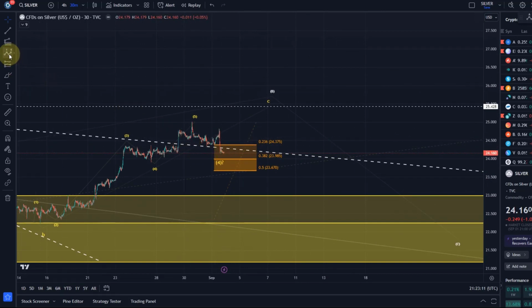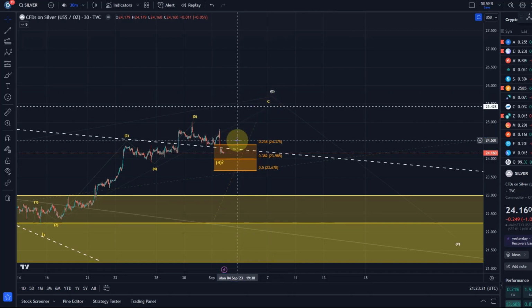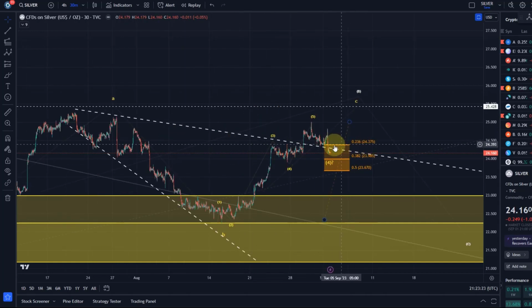So if the next bounce is a small 5-wave move, 1, 2, 3, 4, 5, followed by a 3-wave pullback, it should take us to that level or even higher. But what you need to understand is that we are now in the area where price has a chance to turn around and rally in that 5th wave higher of a C wave.